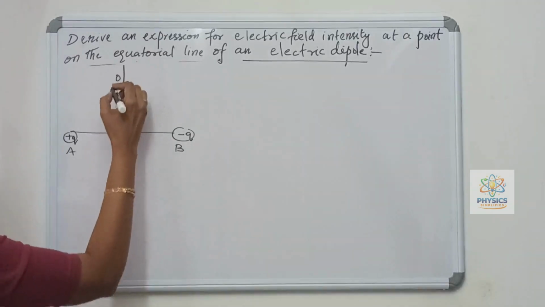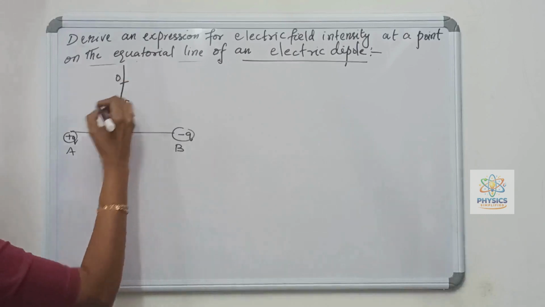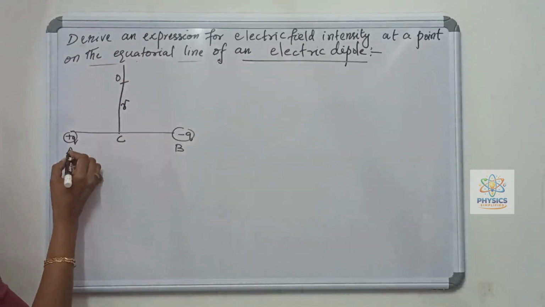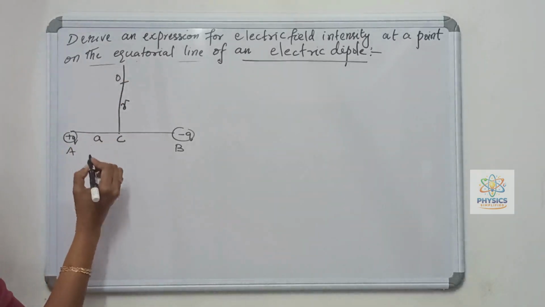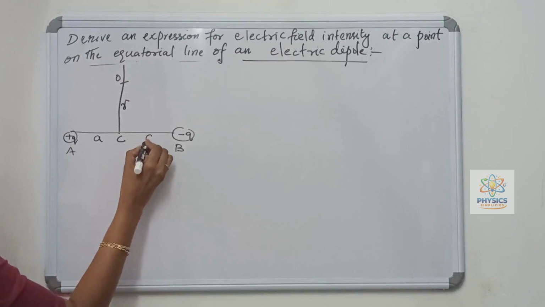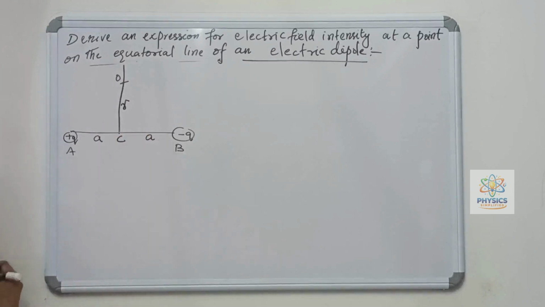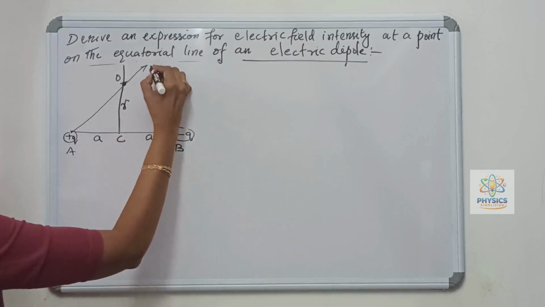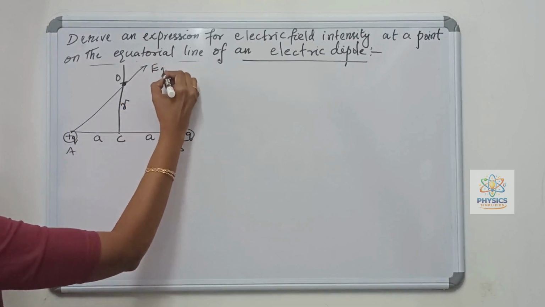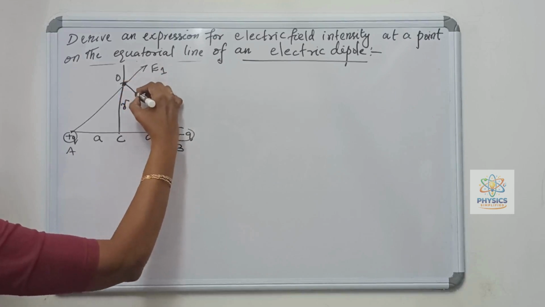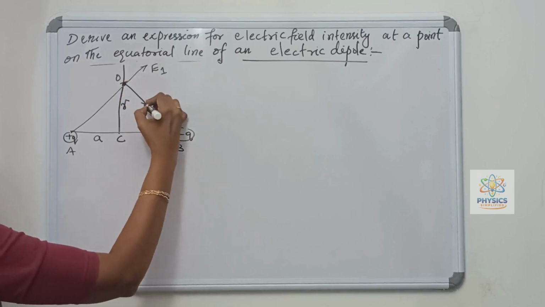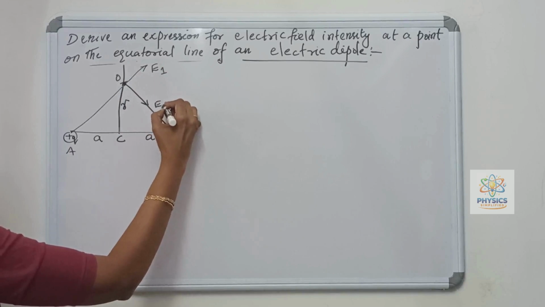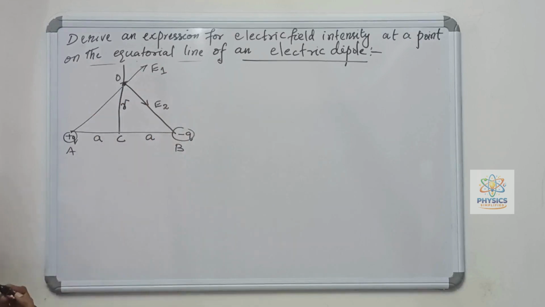So C to O, the distance is taken as R. A to C, the distance is A, and similarly B to C, the distance is A. Here E1 represents the direction of electric field due to the positive charge, and E2 represents the direction of electric field due to the negative charge.